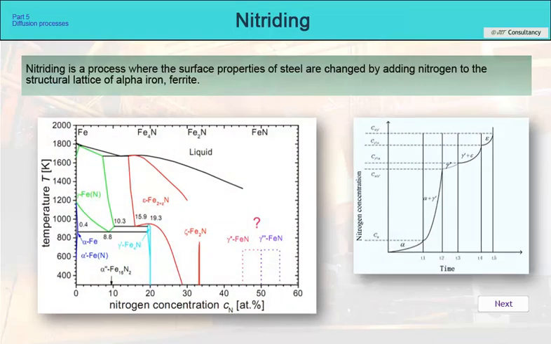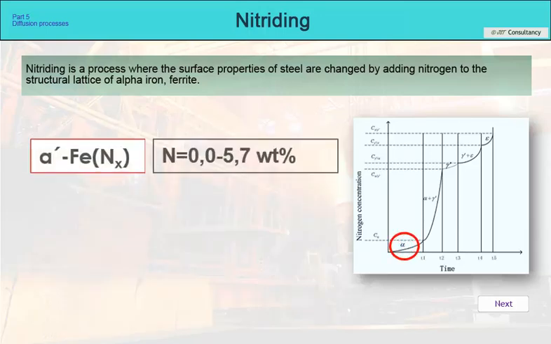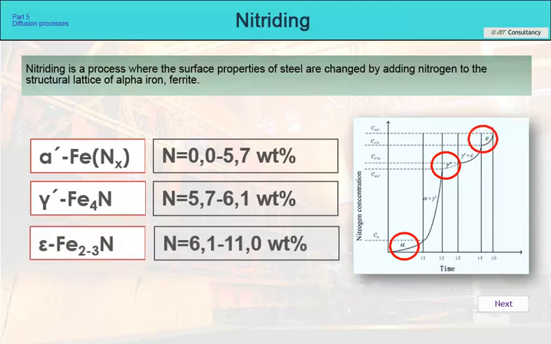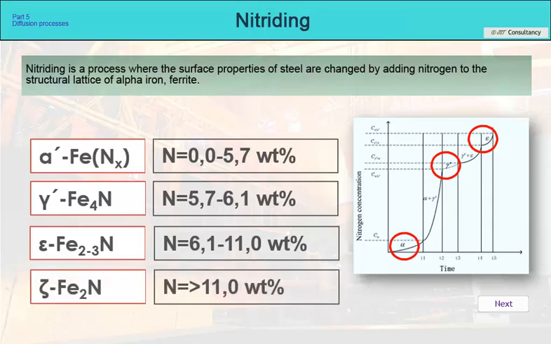Gradually increasing the concentration of nitrogen in the layer, a solid solution of alpha iron with different nitrogen content of up to 5.7% by weight is formed, a gamma prime phase with a nitrogen content of 5.7 to 6.1% by weight, and an epsilon phase with a nitrogen content of 6.1 to 11% by weight. These three structural phases are commonly found in nitriding. There is also a fourth phase, the theta phase, with the highest concentration of nitrogen, but this occurs only exceptionally.